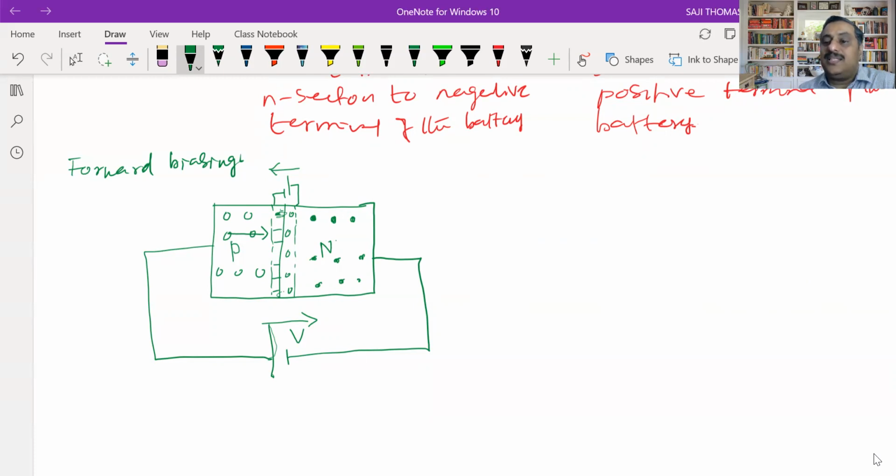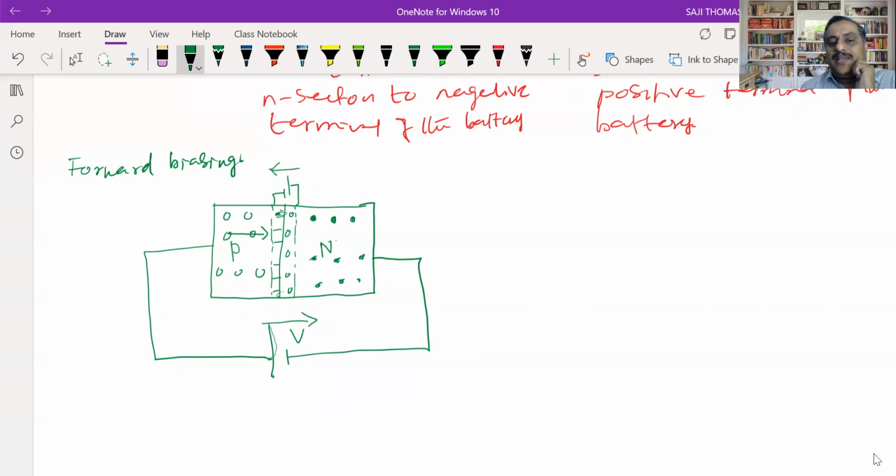At the junction, you can see some of the negatively charged ionized cores at the depletion region. It neutralizes some of these cores. And then they cross and are attracted by the negative terminal of the battery. Negative attracts the holes, positive. Negative is fond of positive. So we can see the width of that negatively charged core region is reduced.